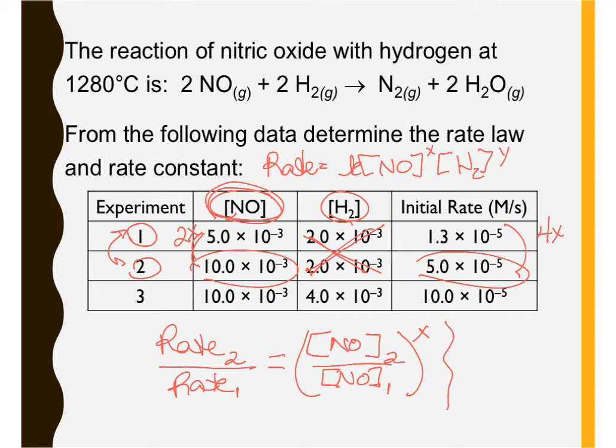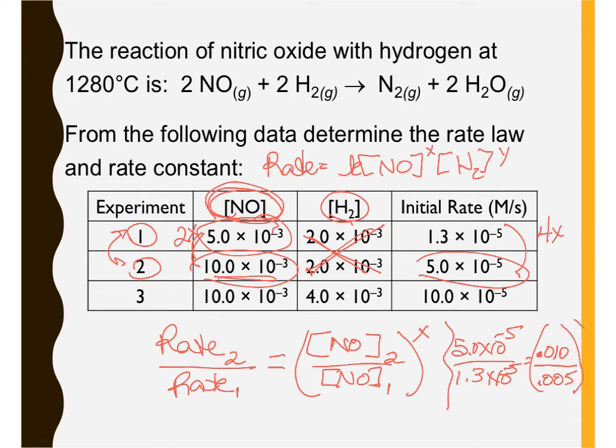All right, so the rate of 2 is 5 times 10 to the minus 5. The rate of 1 is 1.3 times 10 to the minus 5. Concentration of nitrogen monoxide for experiment 2 is, that's a weird format, isn't it? 0.010 molar. The concentration of nitrogen monoxide for experiment 1 is 0.005.